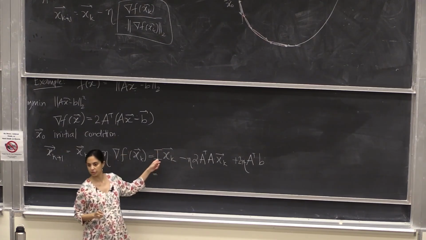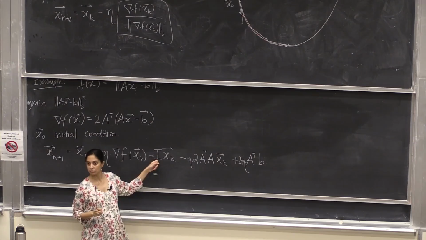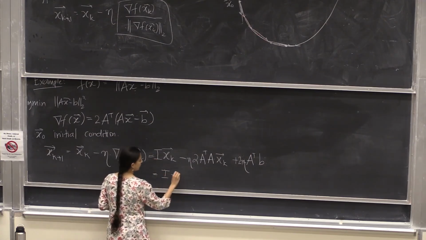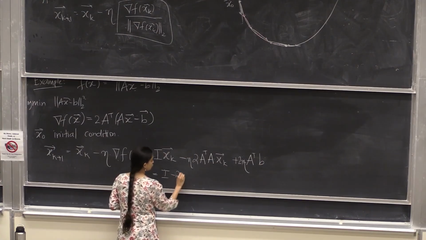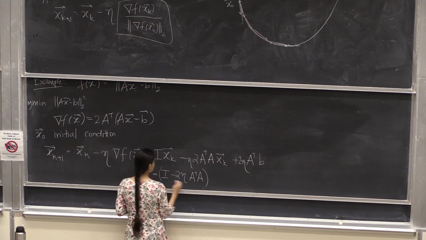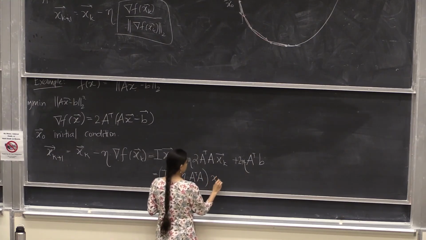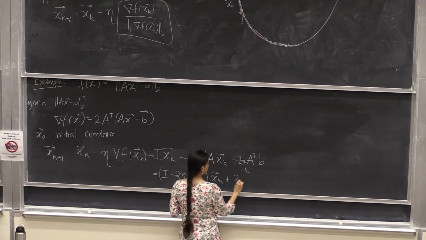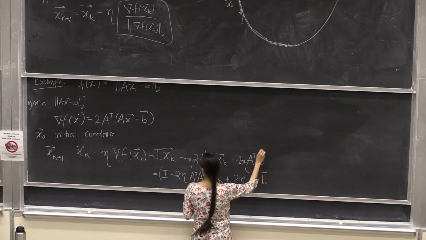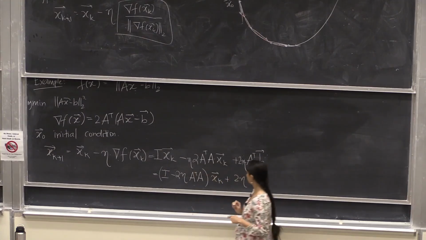I put an identity matrix in front of this, no one cares? Okay, so this is identity minus 2 eta A transpose A times xk plus 2 eta A transpose B. Right?